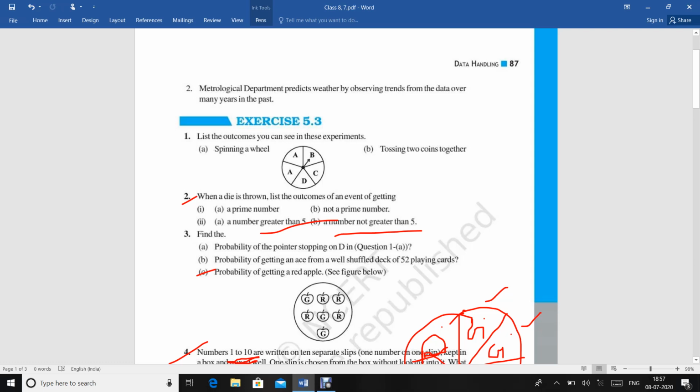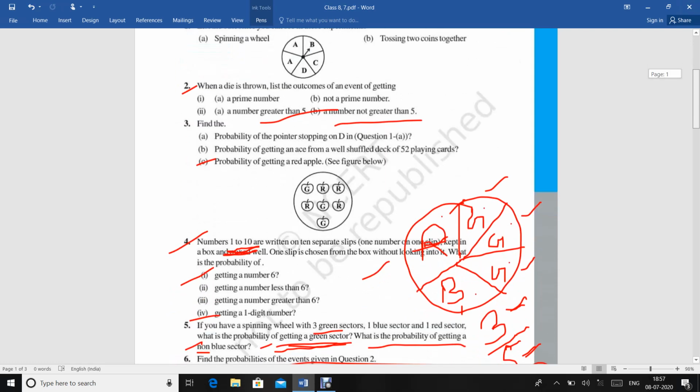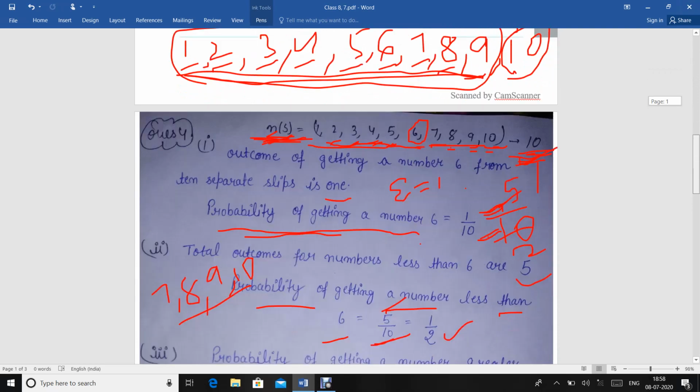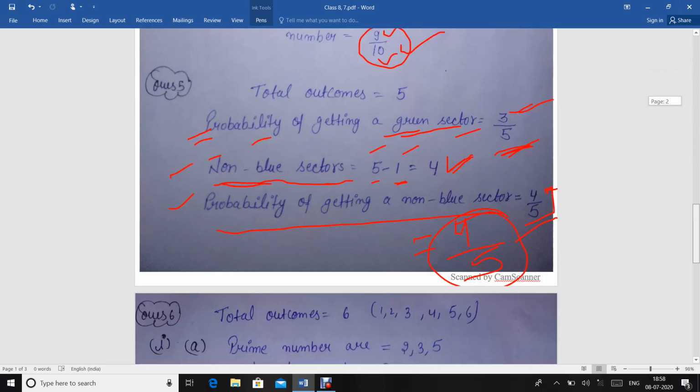We have done this question in the previous video, so you have an idea for the solution, and we will solve this question on the basis of the previous solution.